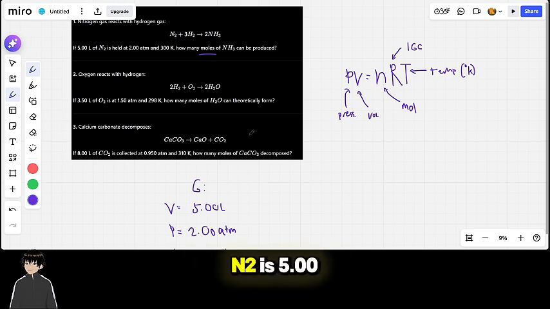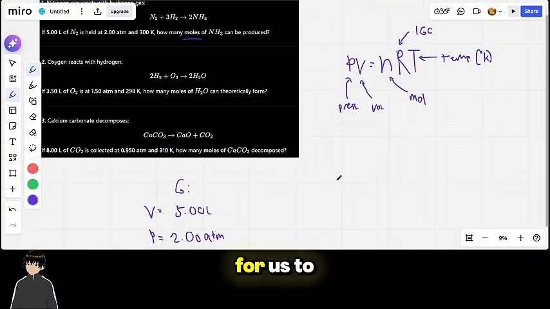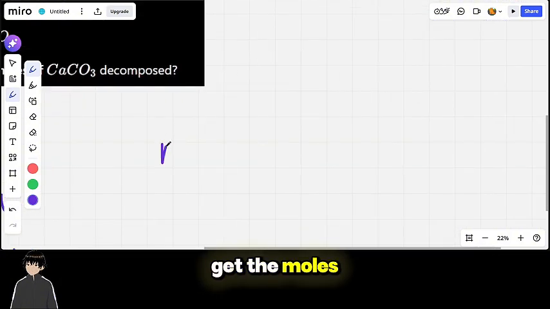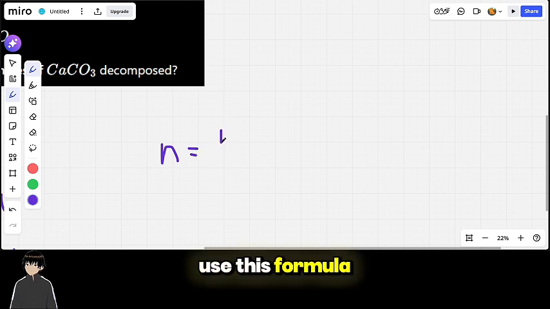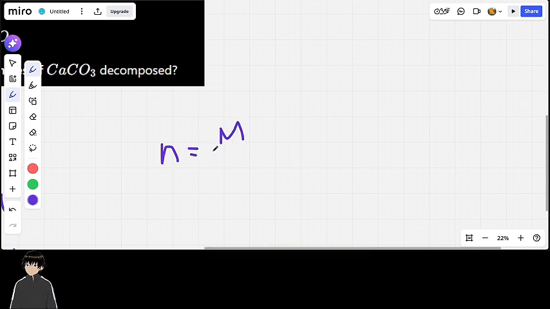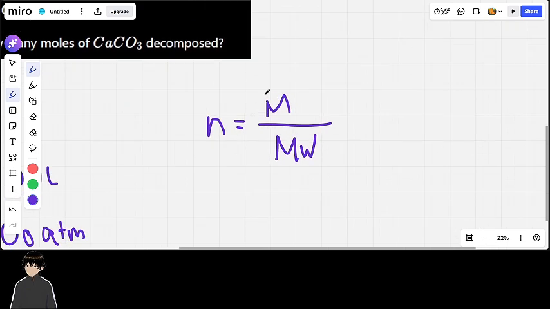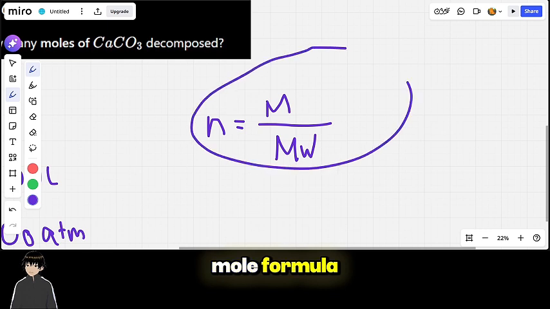The liters of N2 is 5.00 liters. So in order for us to get the moles of N2, we need to use this formula. This is the mole formula.